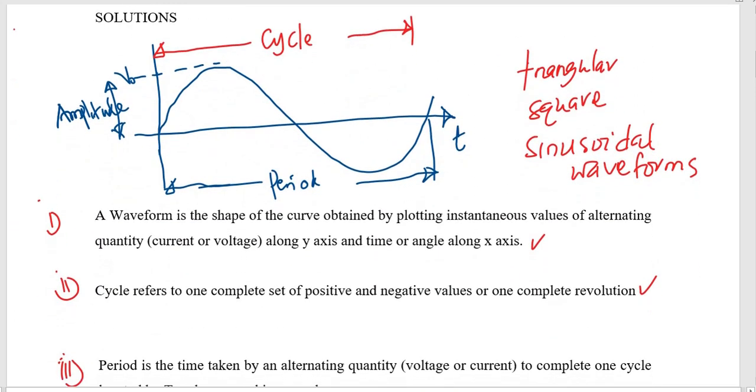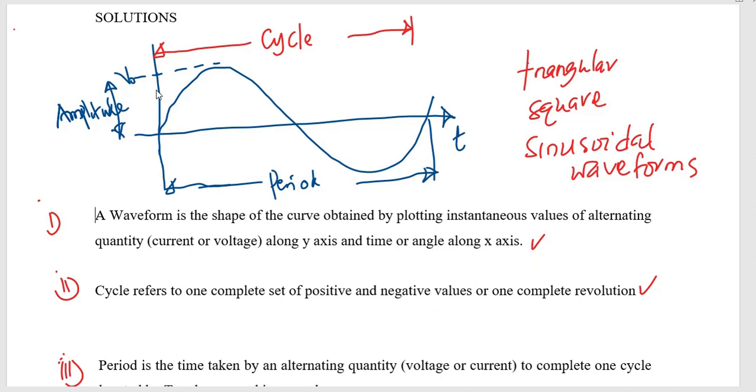When you look at the solutions, let us first consider a sinusoidal waveform. A waveform is the shape of the curve obtained by plotting instantaneous values of an alternating quantity, which could be current or voltage, along the y-axis, and time or angle along the x-axis.